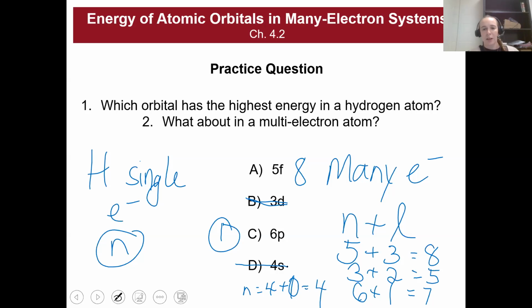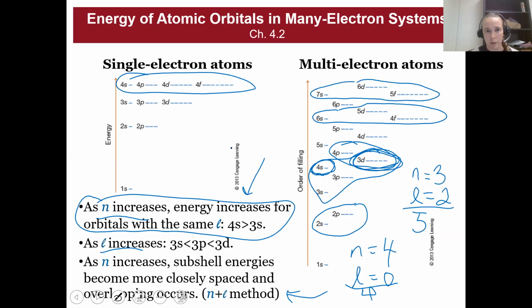But 5F and 6P, it gets a little weird. It gets a little hard to decide. So we do our N plus L shortcut, and we find out that 5F is actually higher energy than 6P in the multi-electron atom. So we see a distinct difference here in these two types of systems. And we can check if it's on one of these.